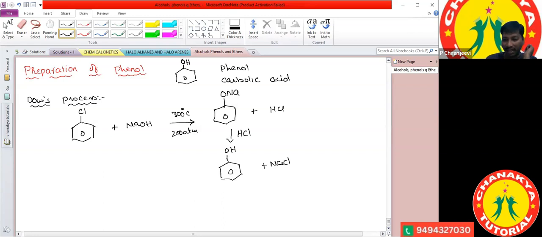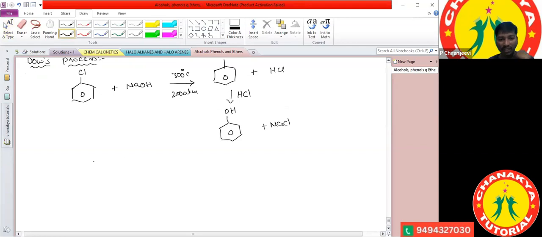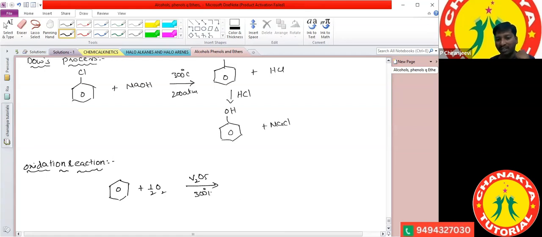Got it? Next one. What is the next one? An oxidation reaction. From oxidation reaction also we can prepare phenol. How? Benzene undergoes oxidation with half mole of O2 in presence of vanadium pentoxide, V2O5, at 300 degrees Celsius.